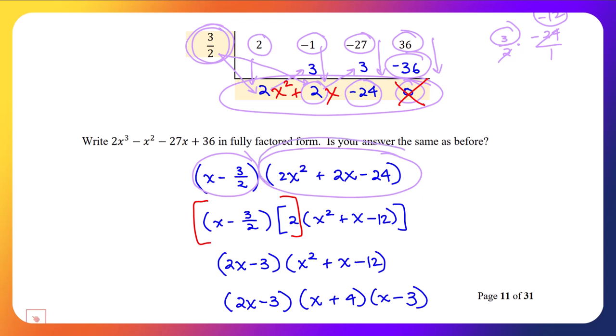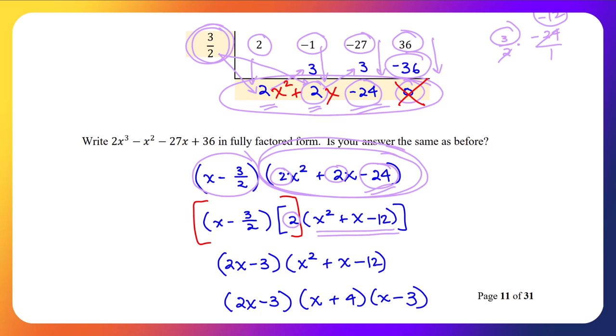So then our remaining coefficients, 2x squared plus 2x minus 24, you're right, I had to make a correction. And then we see that each of these has a common factor of 2. We take it out and we're left with x squared plus x minus 12, right?